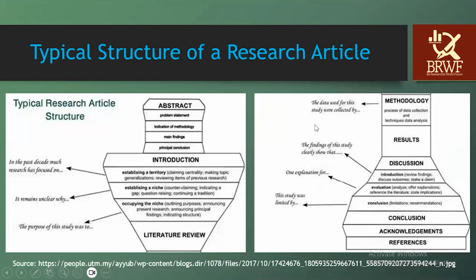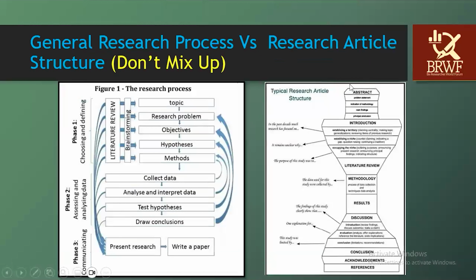Again, in the previous lecture, Dr. Rashidul Islam already covered how to write a research proposal, where he discussed the structure of a research article. And we already mentioned that the structure of a research article and the process of becoming a researcher are not completely similar things. Okay, there are some similarities.